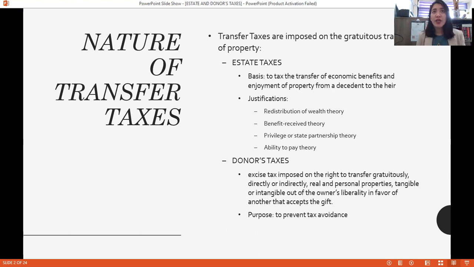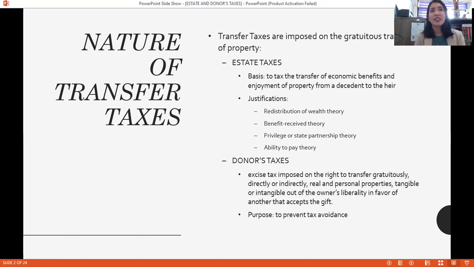Kasi before you can transfer a property from one person to another, kailangan mo dumaan sa government or sa state. So privilege siya. And ability to pay theory, kasi yung person daw na nag-receive ng property now has the ability to pay or ability to contribute to the government. So yun yung mga theories, yung basis natin or that justifies, no, the imposition of estate tax.